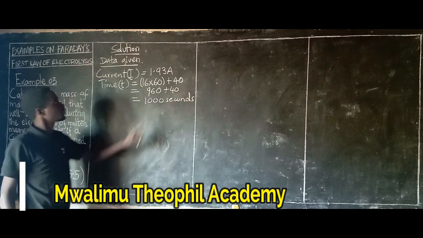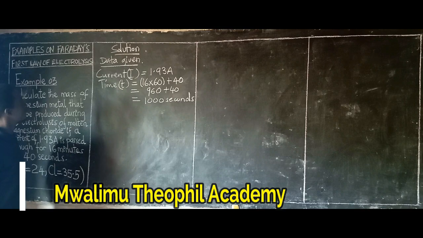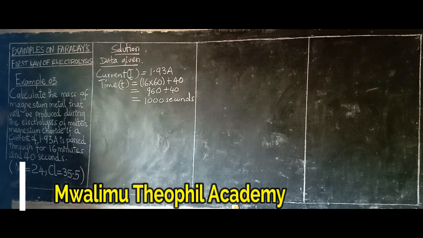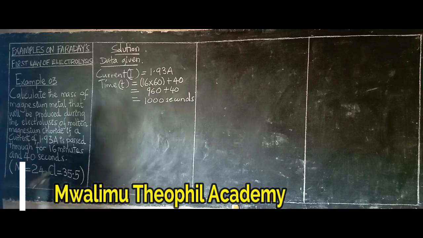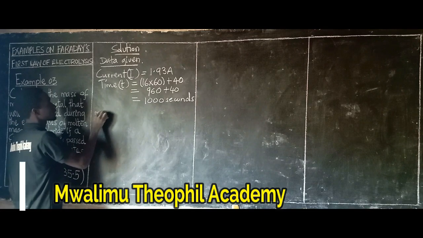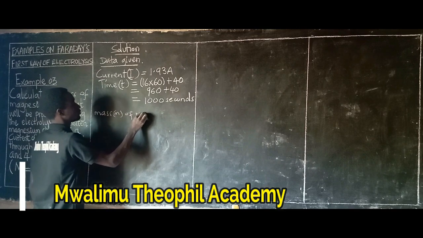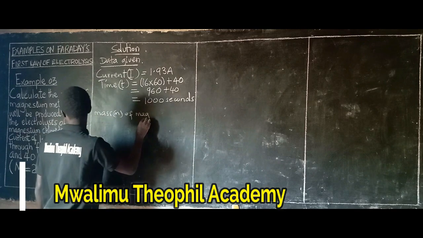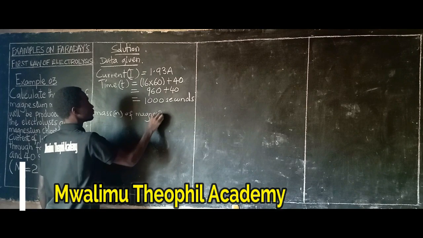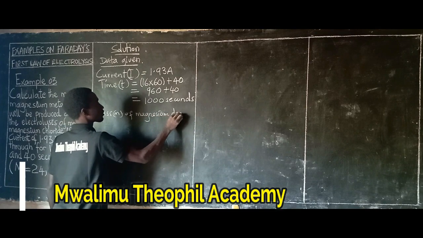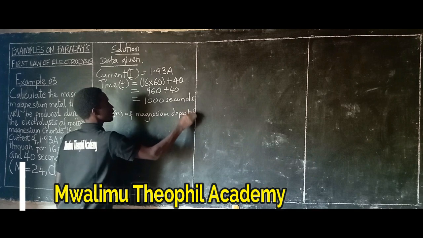So this is the given time. Also, we are given the relative atomic masses of magnesium and chlorine. What is required here is to calculate the mass M of magnesium metal deposited at the cathode.